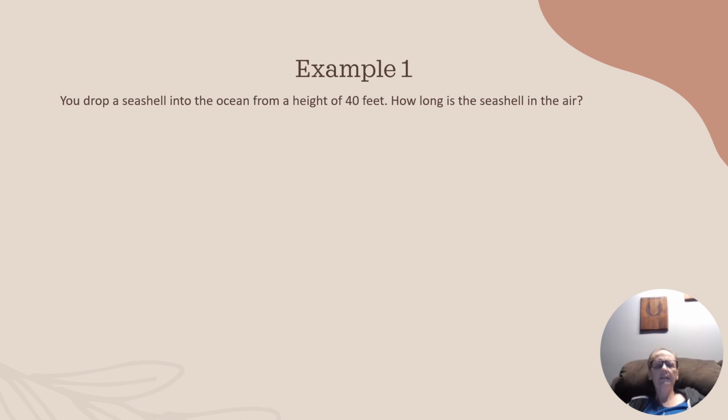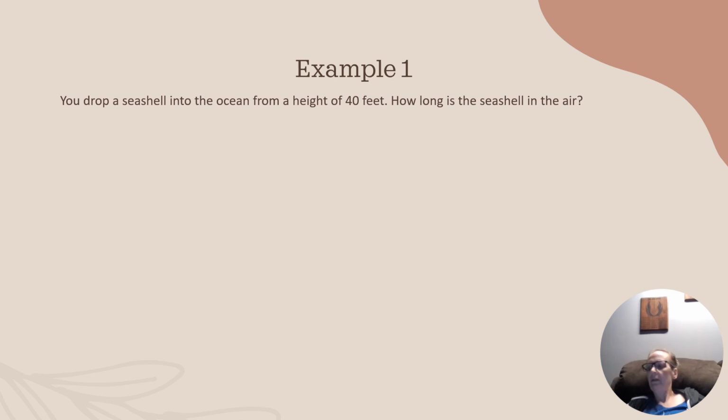This is our first example. You drop a seashell into the ocean from a height of 40 feet. How long is the seashell in the air? We're going from the point where it's 40 feet to the point where it's 0 feet above the surface, basically into the ocean.